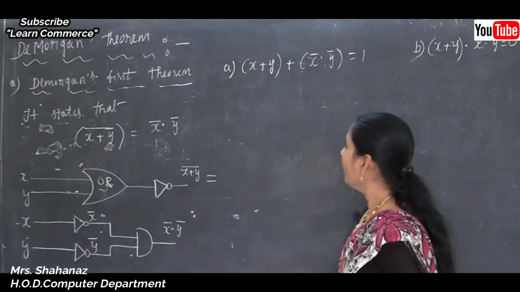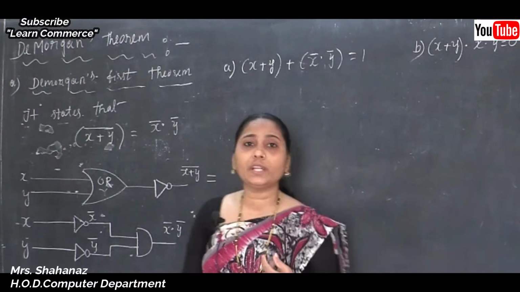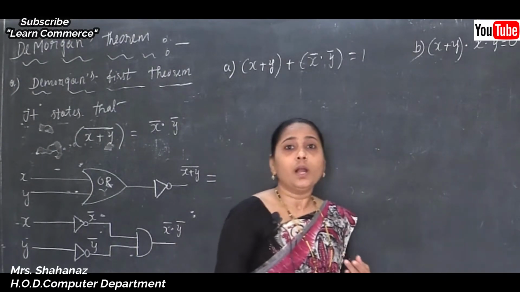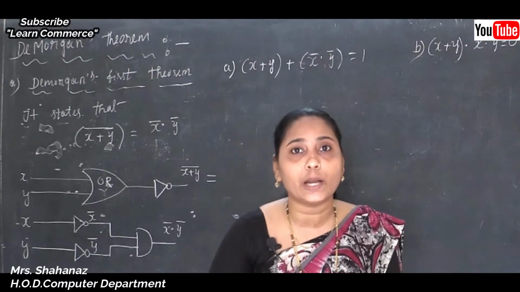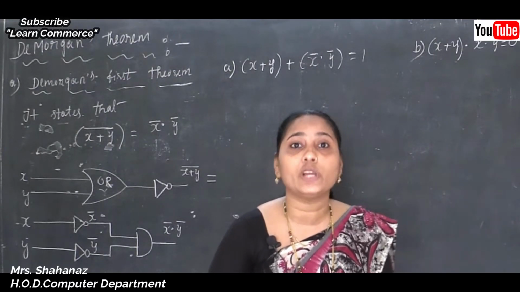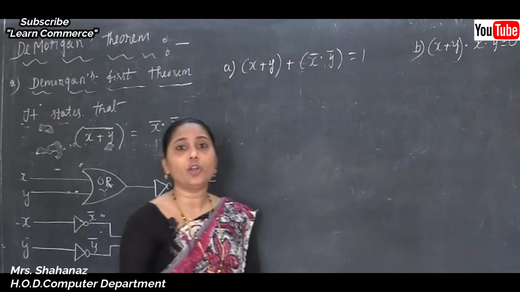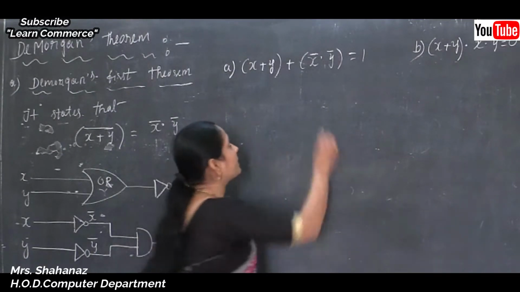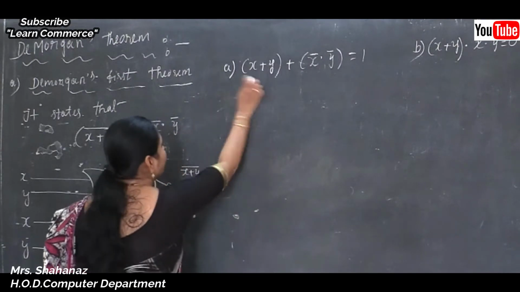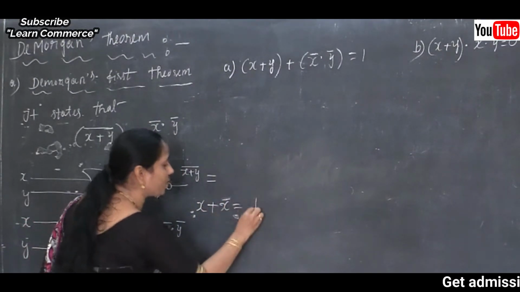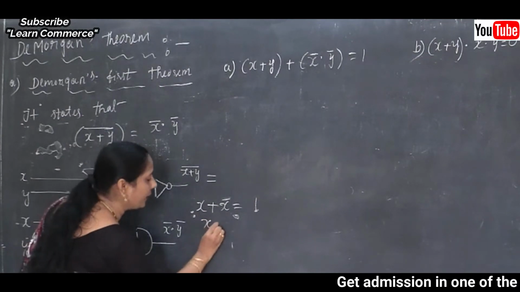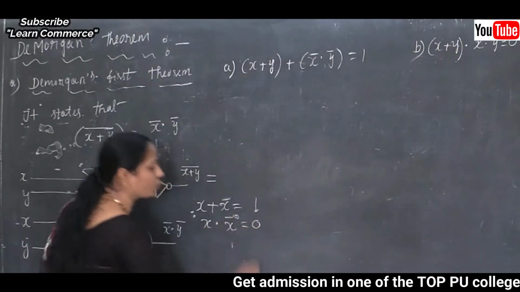Now we know why, because when you are going to prove De Morgan's theorem, first of all we need to recall the complementarity law, and this law states that x plus complement of x is equal to 1, x and complement of x is equal to 0.